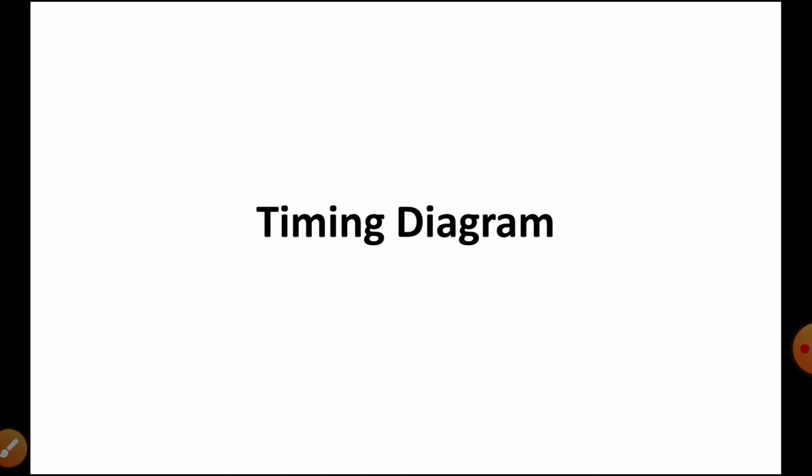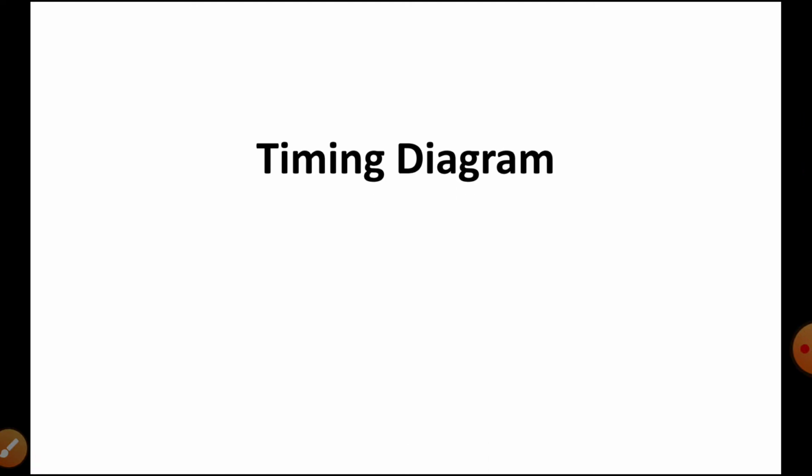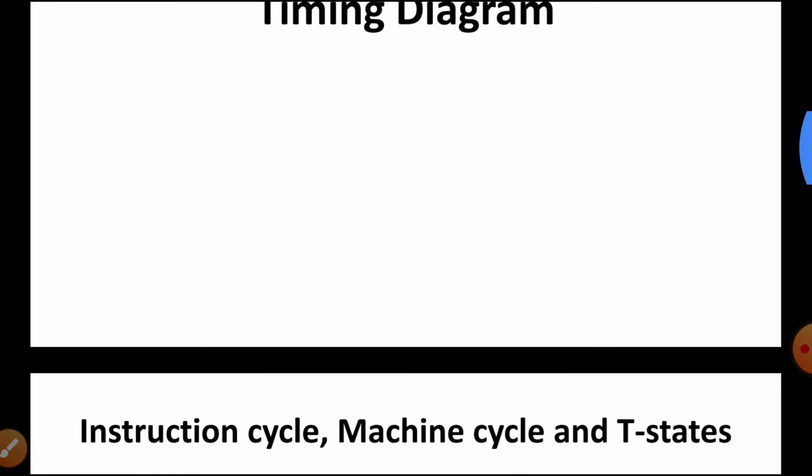So all these signals which are required for the execution of a particular instruction are represented in the timing diagram. You can say it is a representation which gives information related to every aspect the processor has to go through while executing a particular instruction.